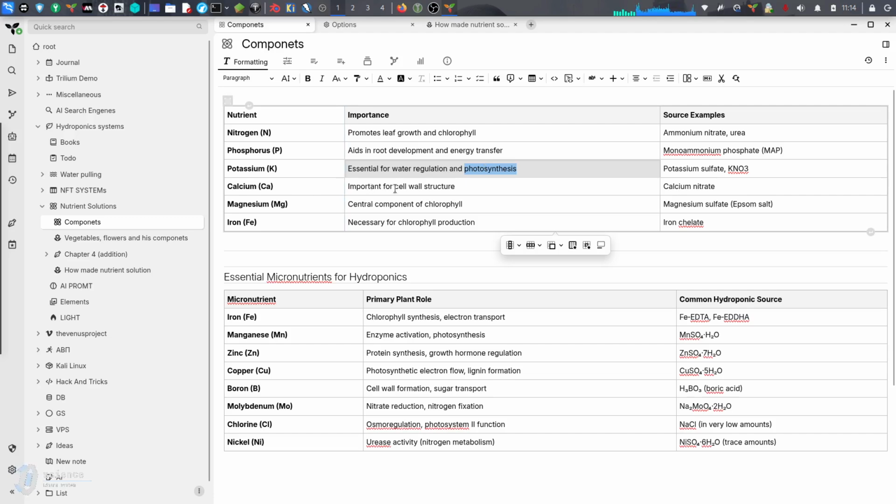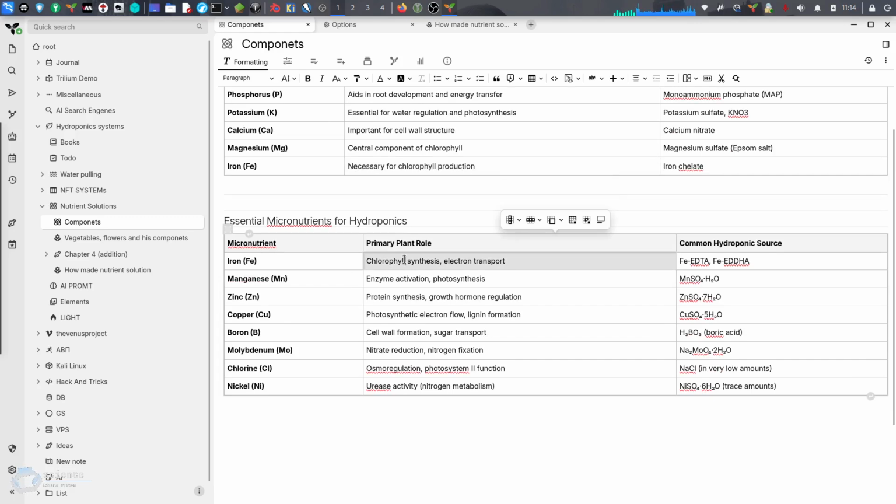Calcium is important for cell wall structure. Yes. Magnesium, central component of chlorophyll. Iron, necessary for chlorophyll production. Essential microelements. Iron, chlorophyll synthesis, electron transport. Manganese, enzyme activation, photosynthesis.